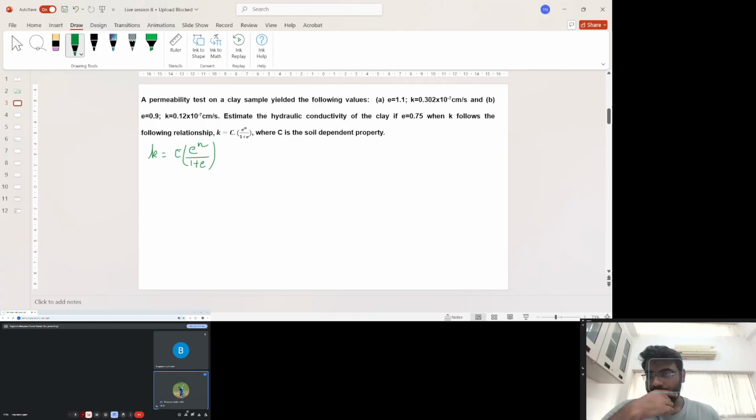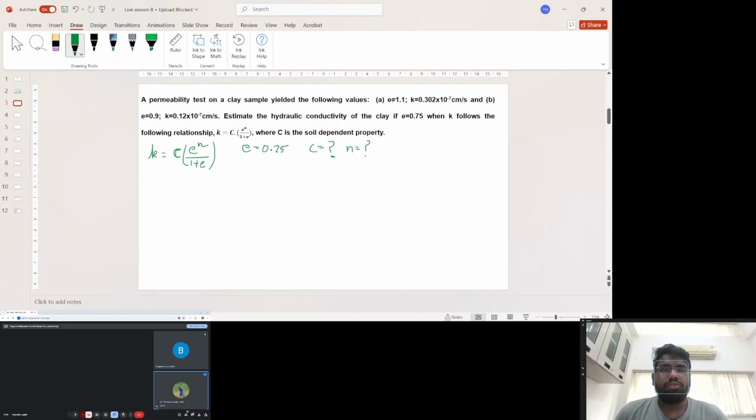Right. So we now need the hydraulic conductivity for e equal to 0.75. For that we need C and n. Now how to determine C and n, which are constants?